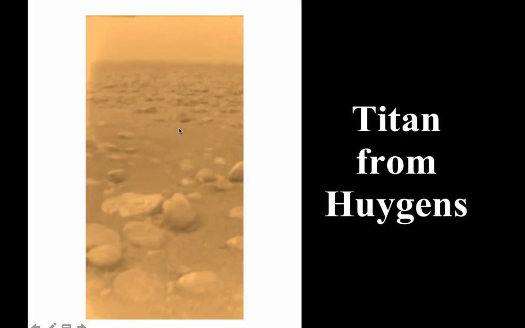Now, the thing that takes the place of water on Earth, there on Titan, is alcohol. Methane and ethanol and things like that, and methyl alcohol and ethyl alcohol, they come down as rain and form these big lakes.